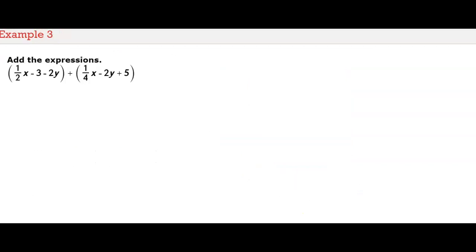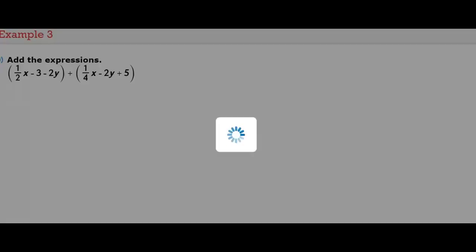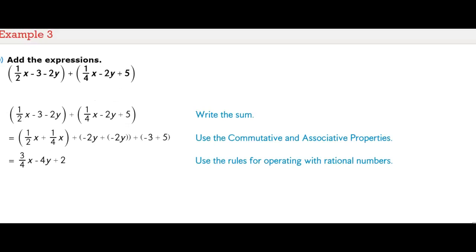Add the expressions. The quantity 1/2 times x minus 3 minus 2 times y plus the quantity 1/4 times x minus 2 times y plus 5. Now we have to write the sum of the numbers.